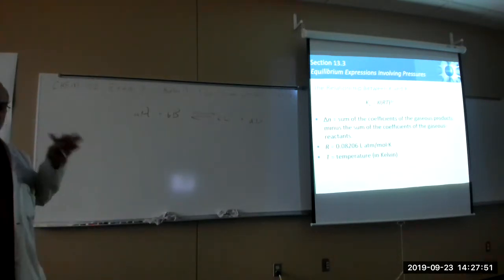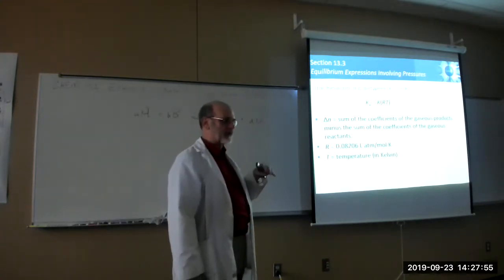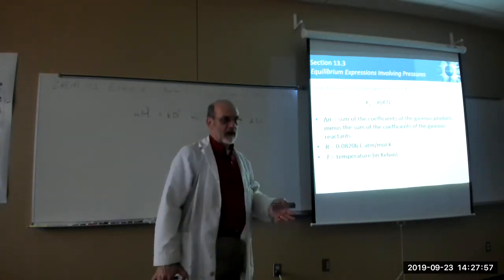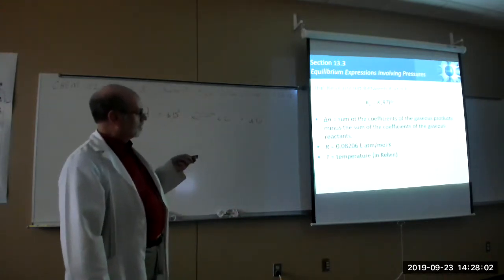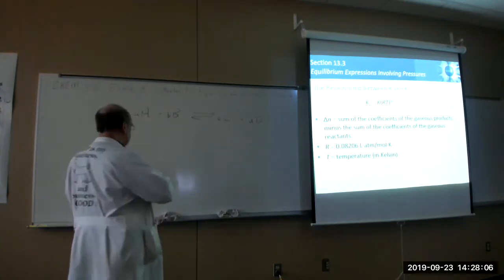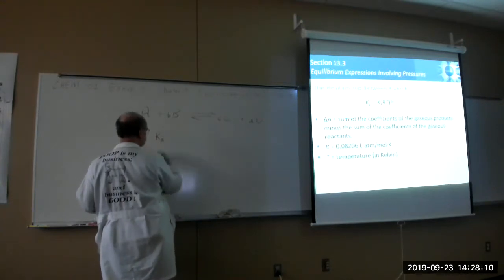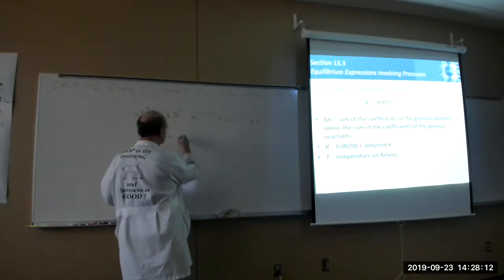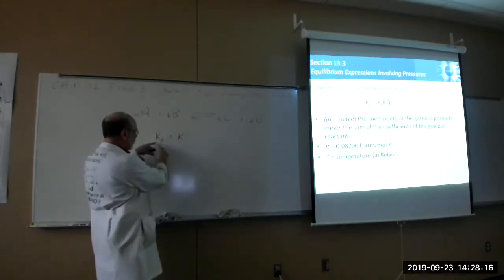Now, I said before that the K value in molarity is not equal to the K value in partial pressures, but they are related to one another. And they're related by this equation. So the K sub P equilibrium constant is equal to the K constant with molarity. This is partial pressures.